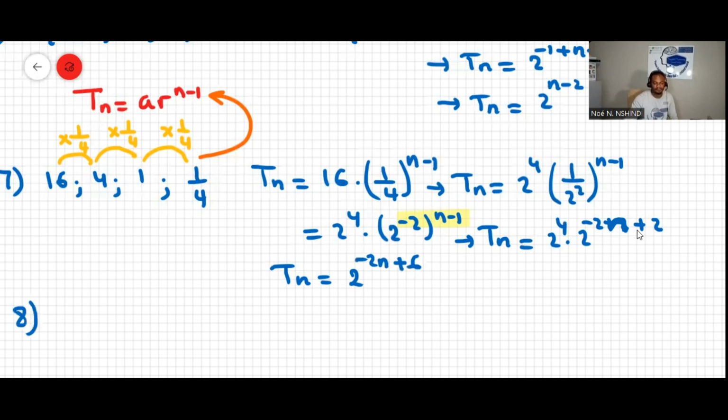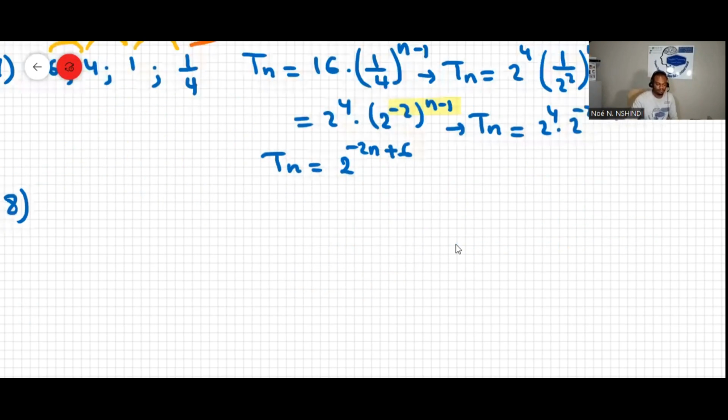Okay. Question 8, same thing. It is given like a half and then 1 over 4, 1 over 8, 1 over 16, etc. Over here, we can do it a bit differently.